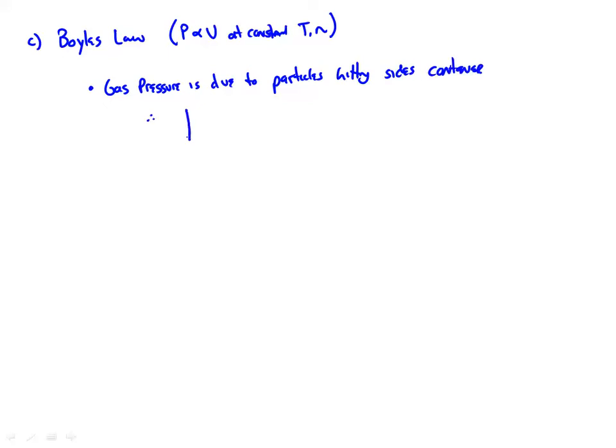Therefore, if I decrease the volume, that leads to an increase in the number of collisions. And so that's using our kinetic molecular theory of gases, saying that it's the collisions that matter, and that they're elastic. Therefore, we have to increase pressure.